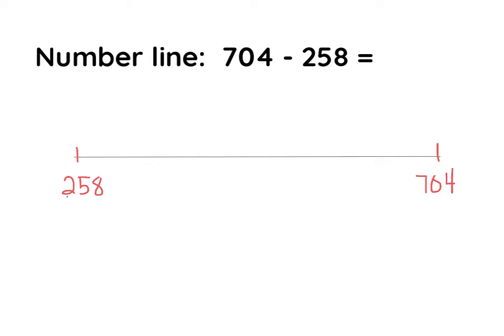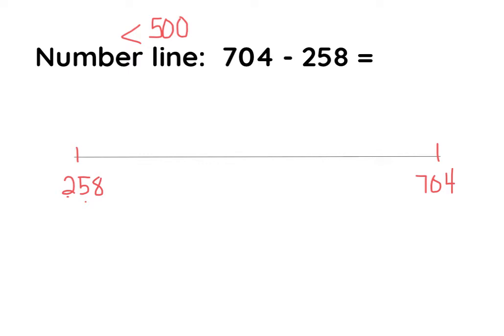Well, if I add 200 plus 500, I get to the 700, but then I'll be too big. So we know the answer has to be less than 500. It has to be bigger than 400, but smaller than 500. So that's what we're going to be looking for.